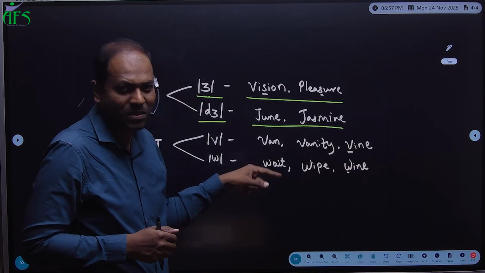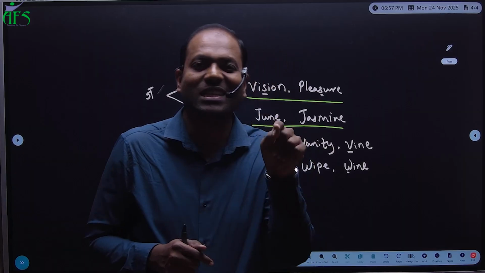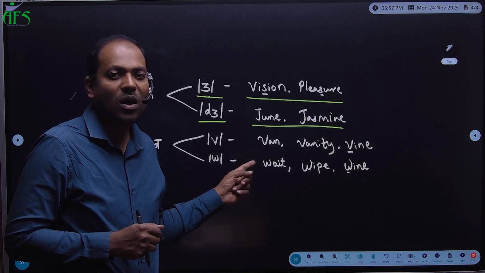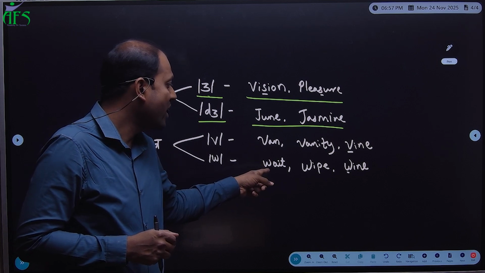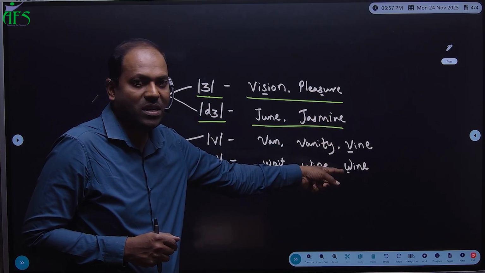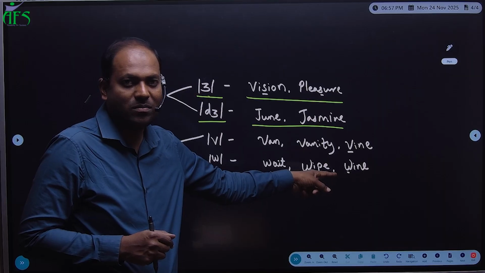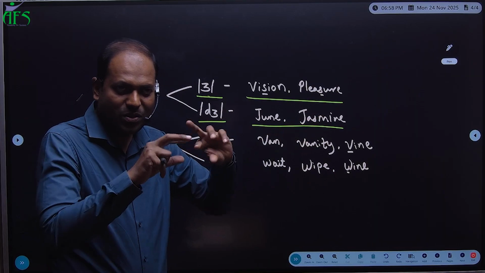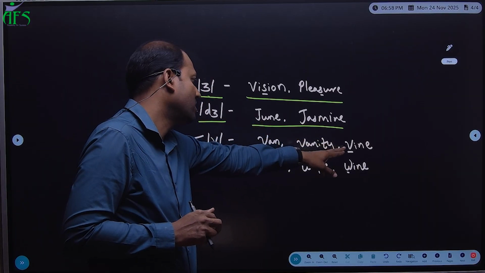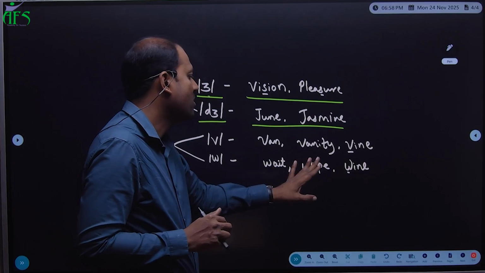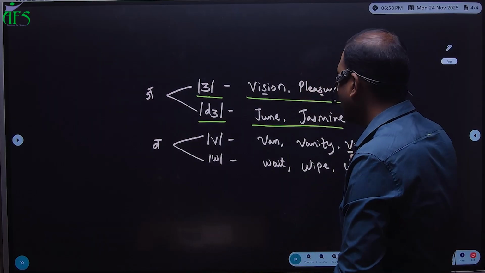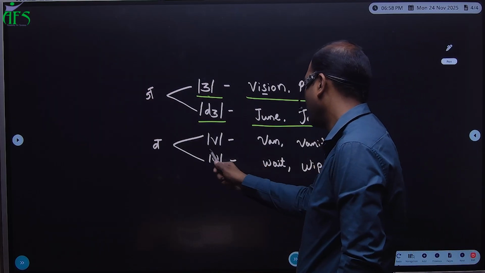And for the second, both your lips will take a round shape to utter the kind of w: wait, wipe, wine. You got it? It is a different process to utter the first sound, and the second sound also has a different process. I hope you got the difference between these two also, right?